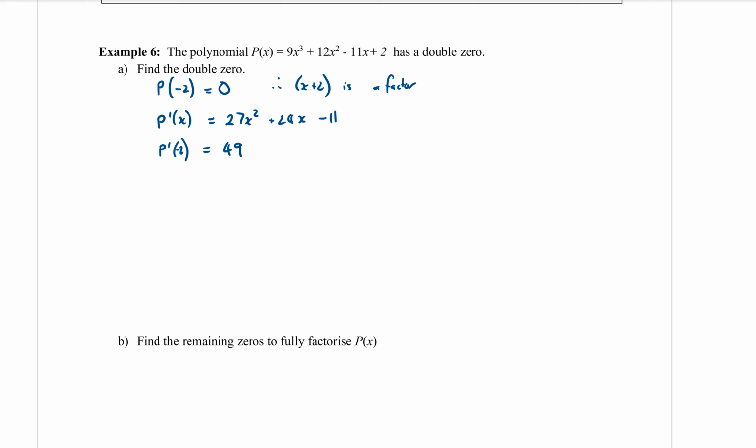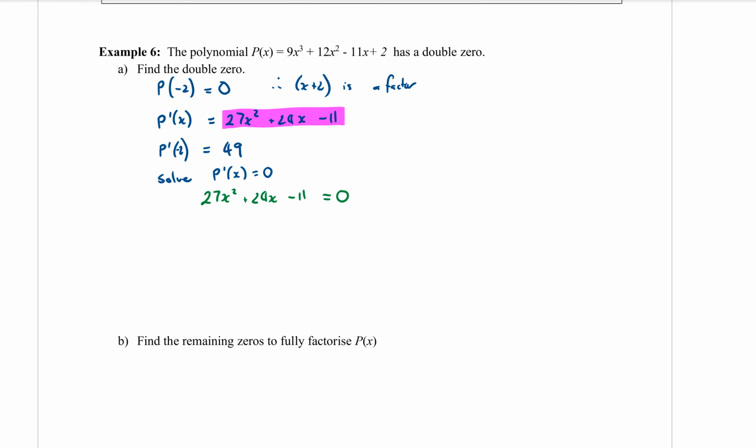What we can do instead is we know that the derivative has to be equal to 0. So the derivative that I found, this 27x squared plus 24x minus 11, if I make that equal to 0 and work backwards to find out what x must have been. So let's solve that.